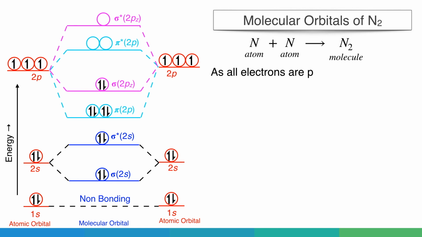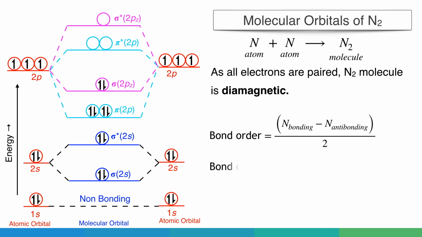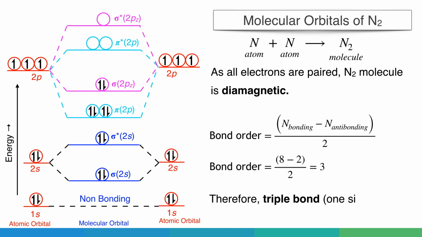This means the molecule should be diamagnetic in nature, and the bond order calculated from the same formula is 3. Therefore, a triple bond is expected with one sigma bond and two pi bonds.